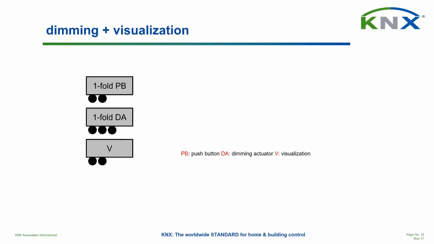Then another application is where we include visualization. We have also seen that in the example before, so let's go quickly over this again. One group address divided over a push button, the dimming actuator, and the visualization system for switching.